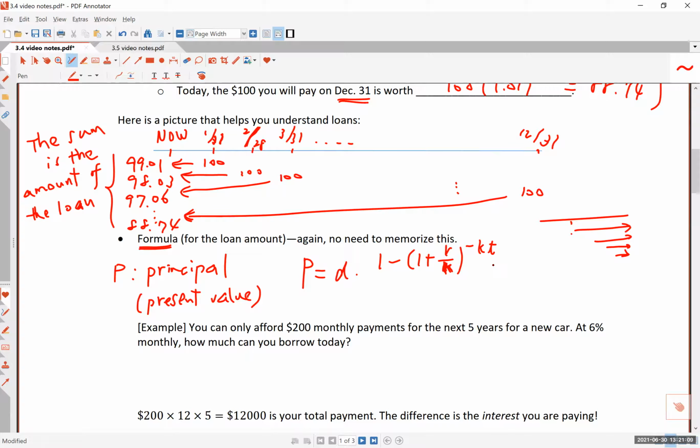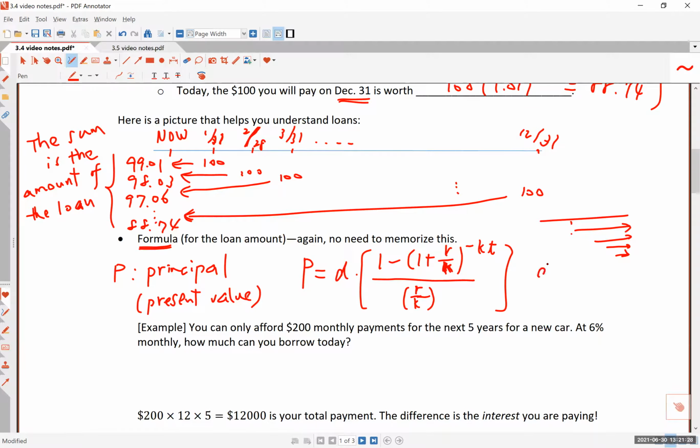And I used to subtract 1 here like this. We don't do that now. Now we do 1 minus this, because this number will actually be less than 1. And then you divide it by, as before, r over k. Now this is a big expression, okay? But it's very similar to what you learned back in section 3.